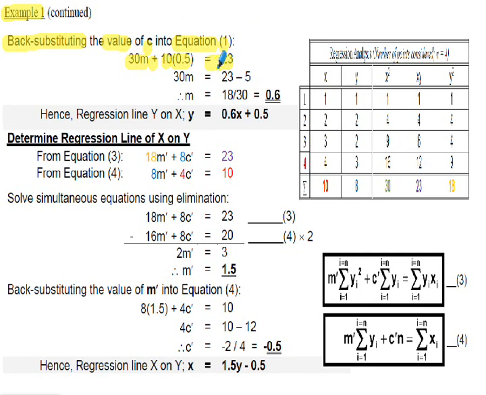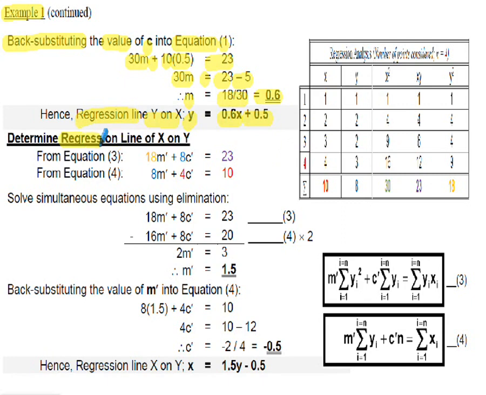Rearranging the equation for m, 30m is equal to 23 take away 5, that's 10 times 0.5, and then divide both sides by 30, m is equal to 18 divided by 30, which is 0.6. So therefore our regression line of y on x is y equals 0.6x plus 0.5. That's the y equals mx plus c type equation.